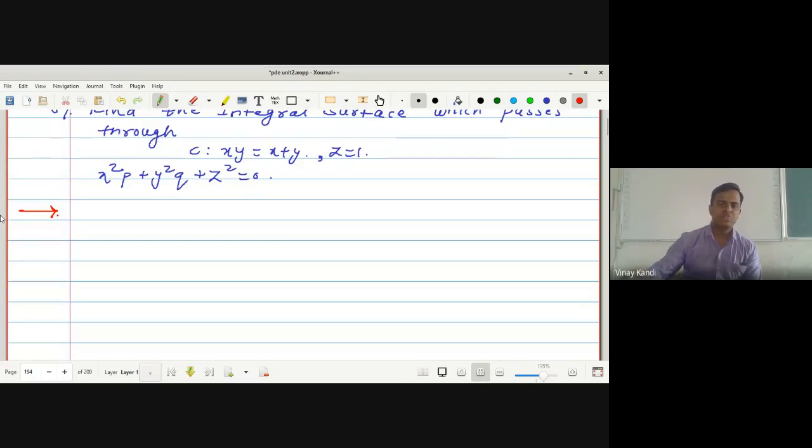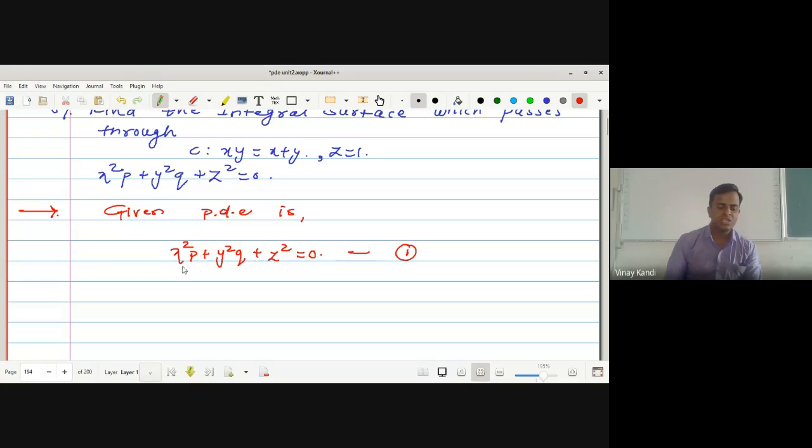Now the given partial differential equation is x square p plus y square q plus z square equals 0. Give it as equation number 1.